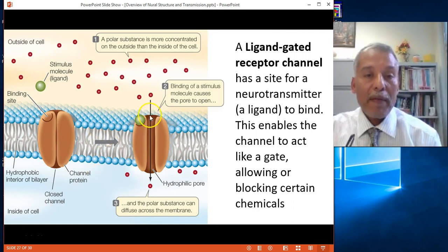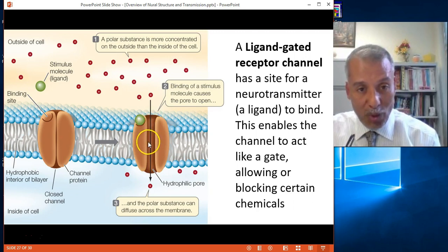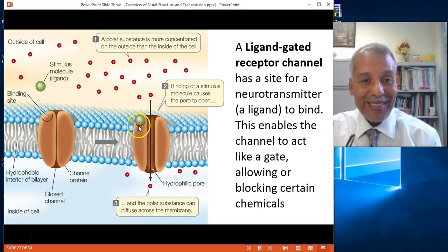And then you have these protein channel gates that span across the membrane, and they can open or close. Of course, you could see this one, it is cut so that you could see through it. But of course, it is not something that you really see through.